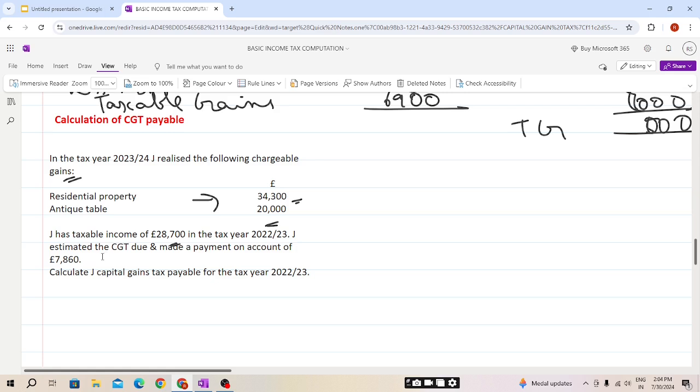J has income tax of 28,002 for the tax year 23-24, students. J estimated the CGT due and made a payment on account of 7,860 pounds. Calculate J's capital gains tax payable for the tax year 23-24, students.